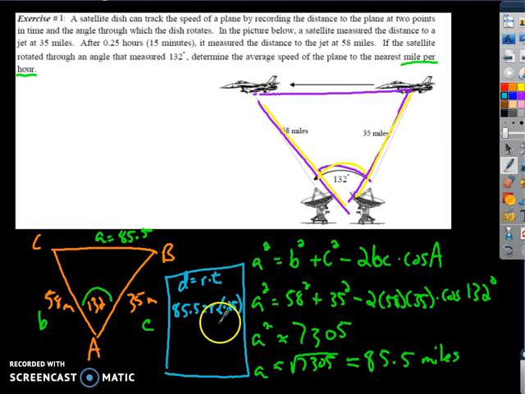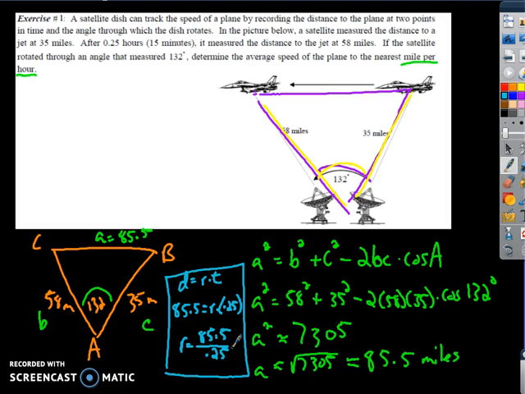To solve this for r, I would divide both sides by 0.25. So r would equal 85.5 divided by 0.25. That's your rate.